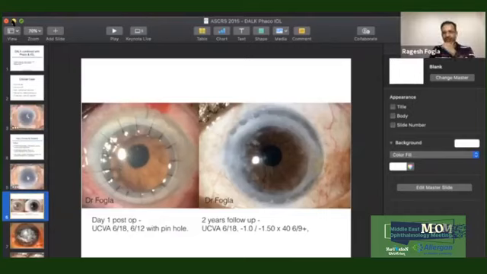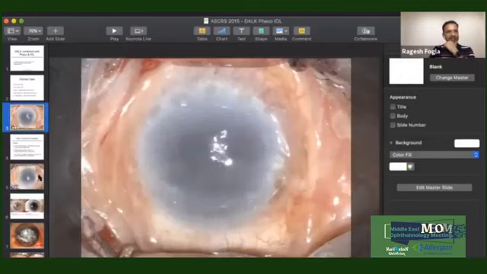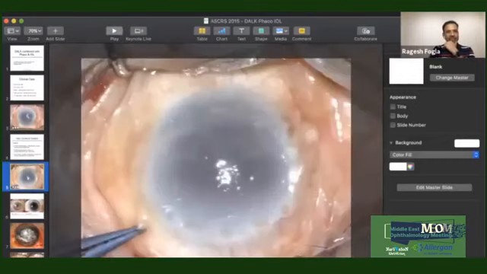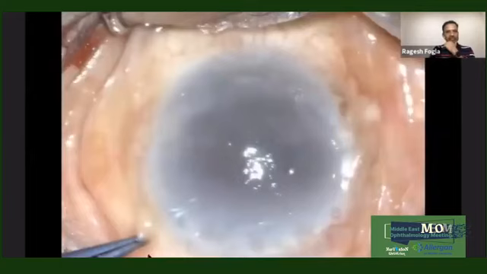I don't know, maybe on Zoom it's not. Okay. I'll just sort it out and I'll get back. Maybe we can have some other discussion. Or the other presentation which I wanted to share, let me just show regarding the Fuchs dystrophy and cataract. So we can have some discussion on that.